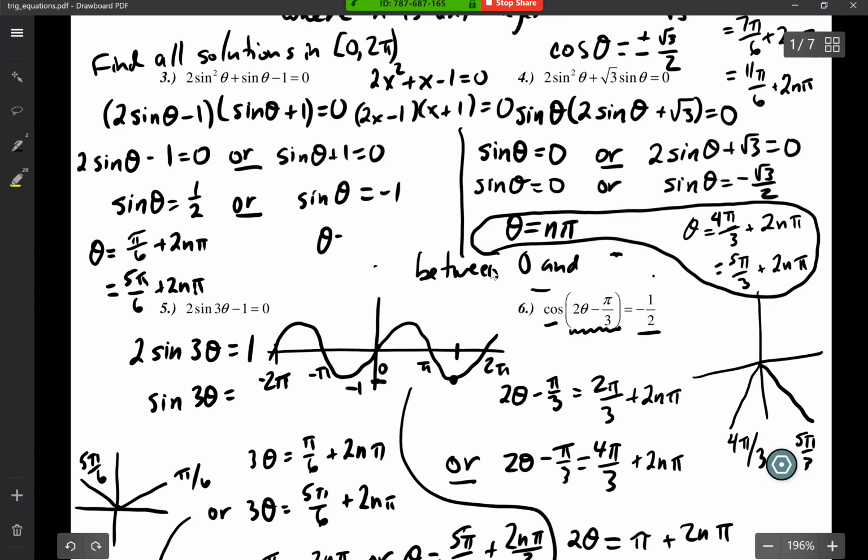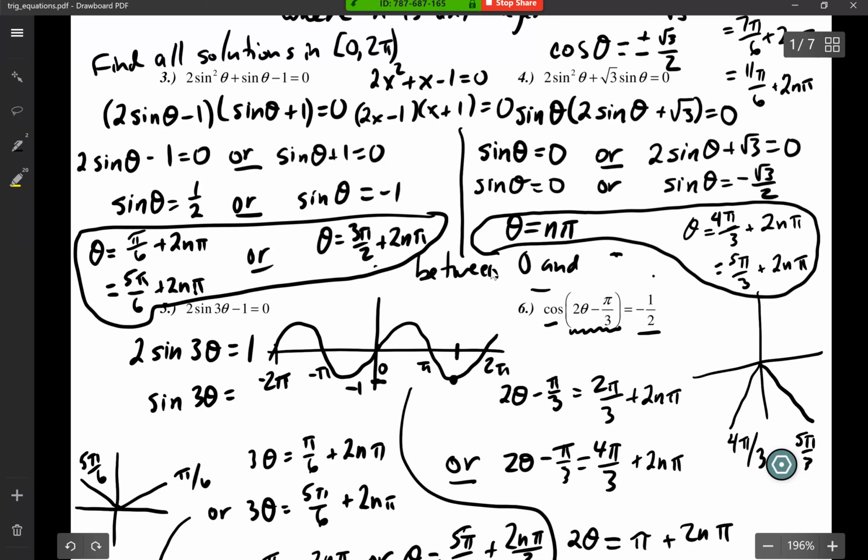So this is going to be theta equals 3 pi over 2. And then I also need to add 2n pi to that. So all of these give us the solutions to our equation. Questions on that one?